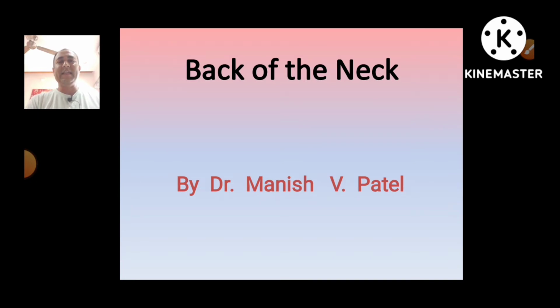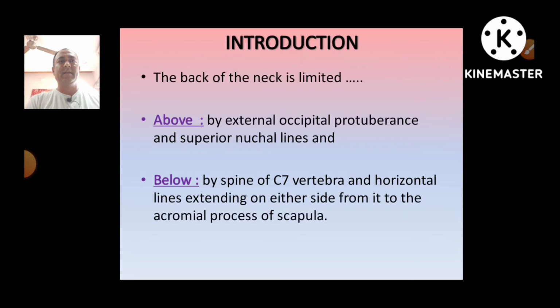So without any delay, let's start today's topic, back of the neck. First of all, introduction. The back of the neck is bounded above by the external occipital protuberance and superior nuchal line, below by the spine of C7.